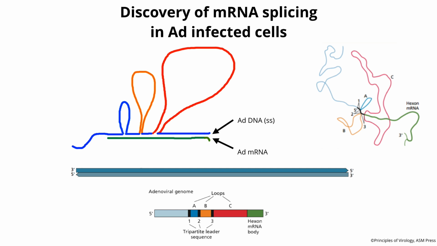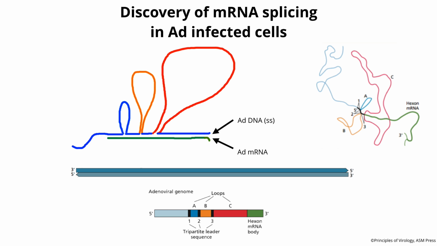What did that mean? They thought about it, and they finally said something must be getting removed from the mRNA, and this is where splicing was discovered. So basically, the pre-mRNA is a direct copy of the DNA, but pieces get spliced out in the nucleus so that the final mRNA is shorter, and that's why you get these loops in the electron micrograph.